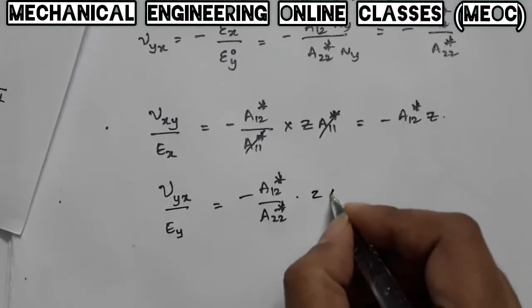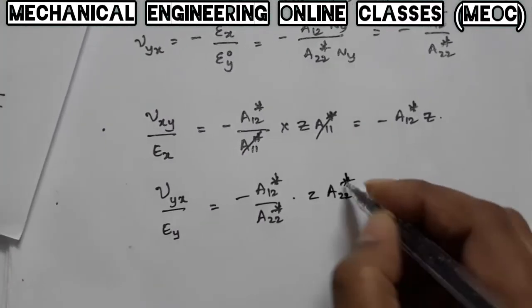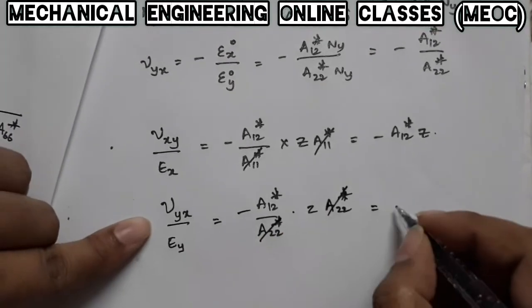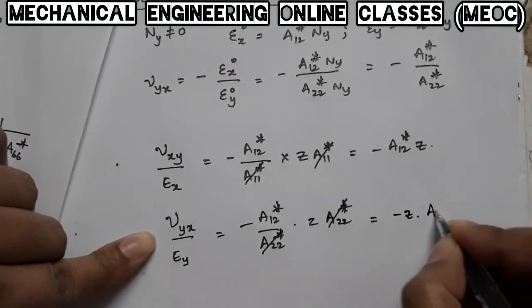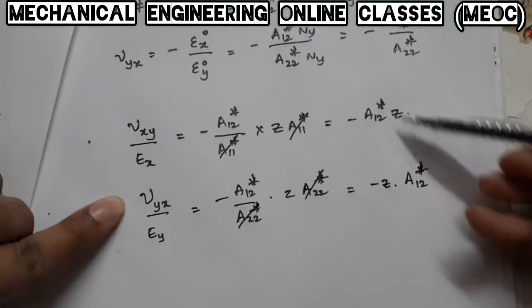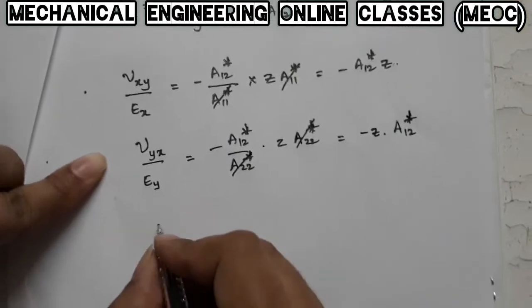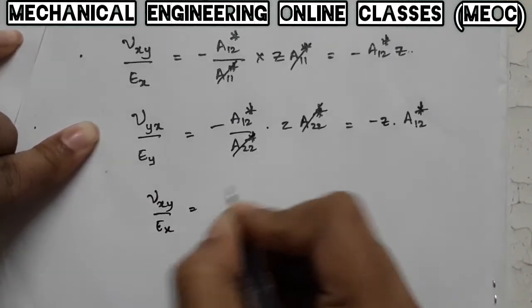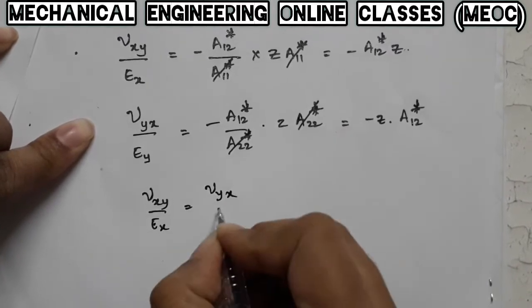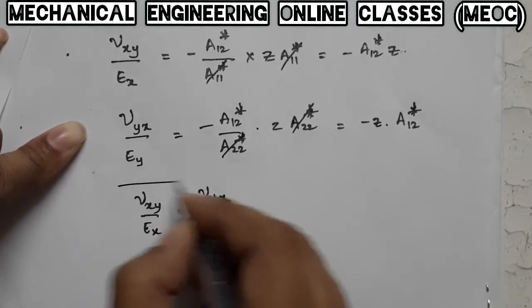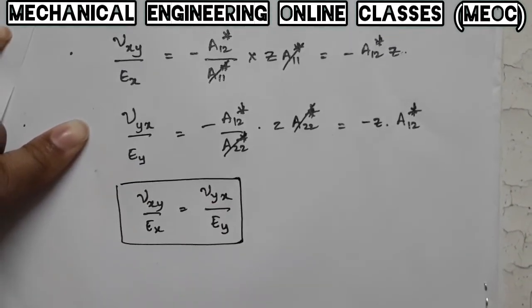So 1 by Ey will be z into A22 star. So finally this ratio will be equal to minus z into A12 star. Now if you check back these two ratios, they are same. That means the rule that nu xy by Ex is equal to nu yx by Ey holds good for a symmetric laminate where the matrix B is 0.